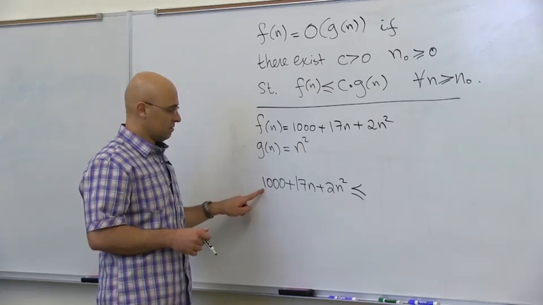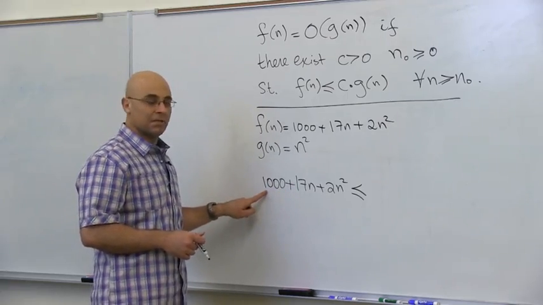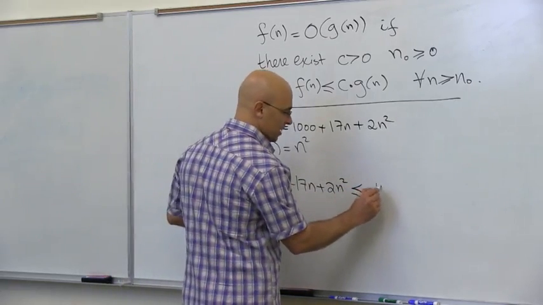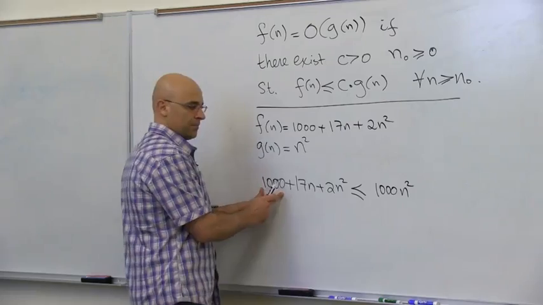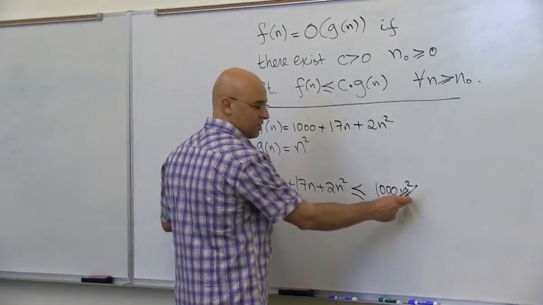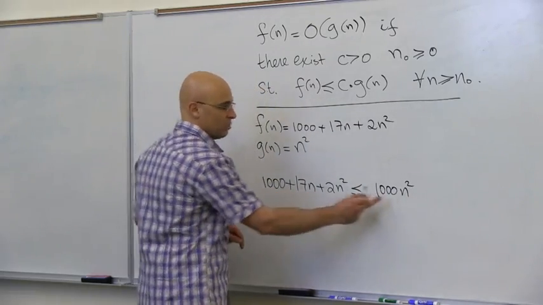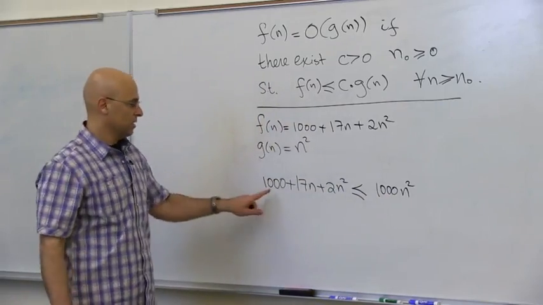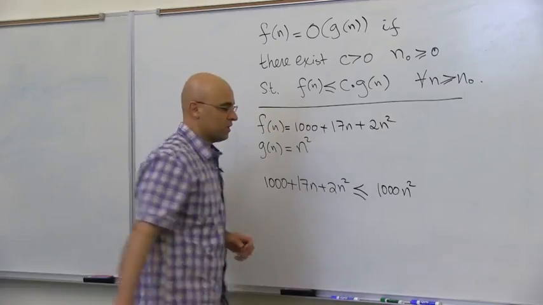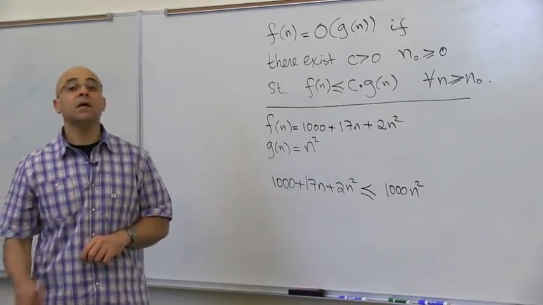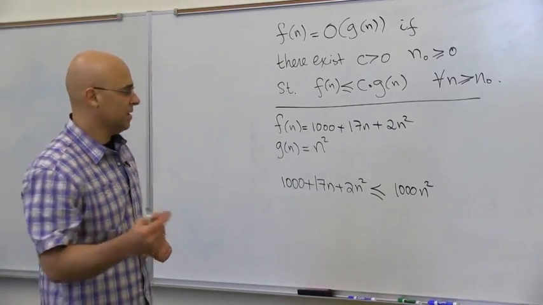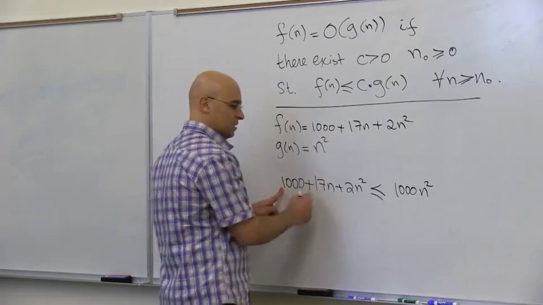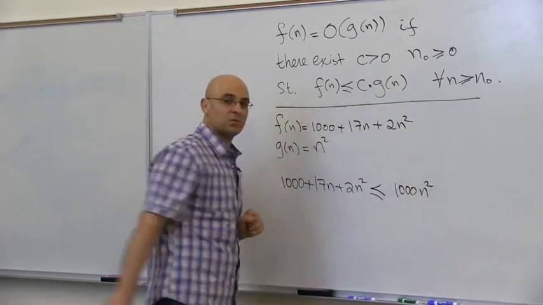I can say that 1000 is smaller than or equal to 1000 n squared. If you take a number and multiply it by a positive number, of course this is smaller than or equal to this, except if n equals 0. If n equals 0, 1000 is not smaller than or equal to 1000 times n squared.